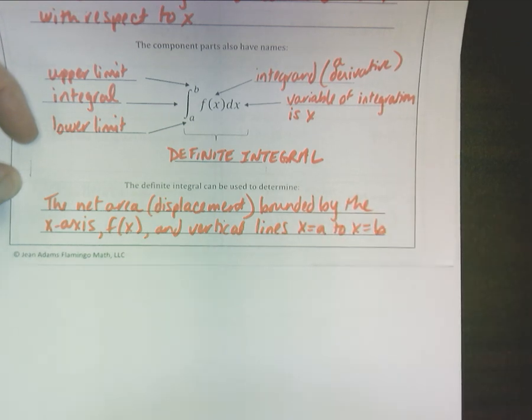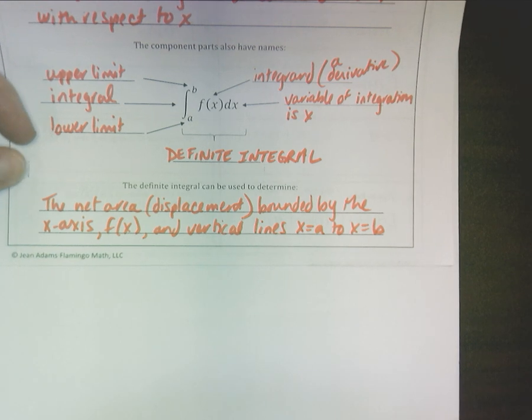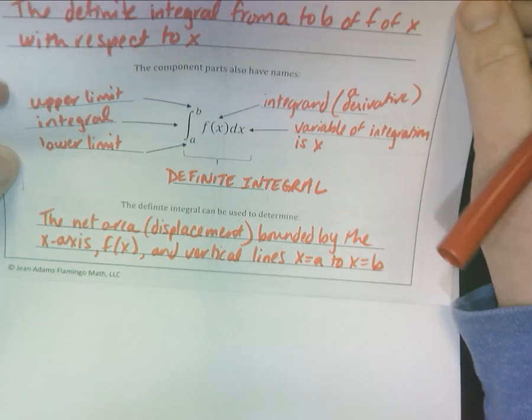That's what that means. Crazy. Means a lot of different things, but it basically is area under a curve. We've done that before. All right, so turn to your next page.